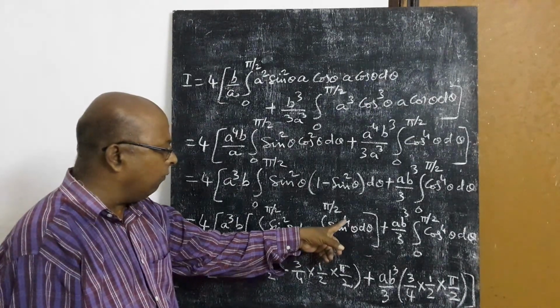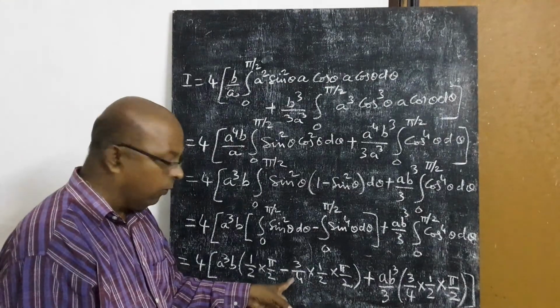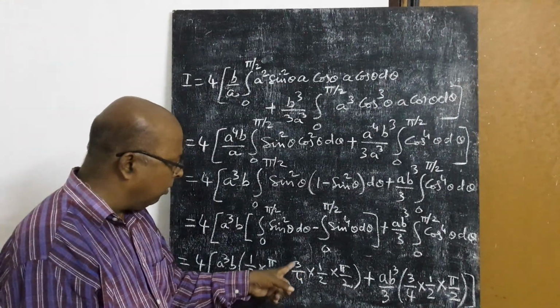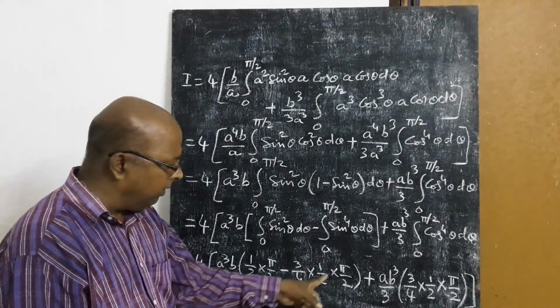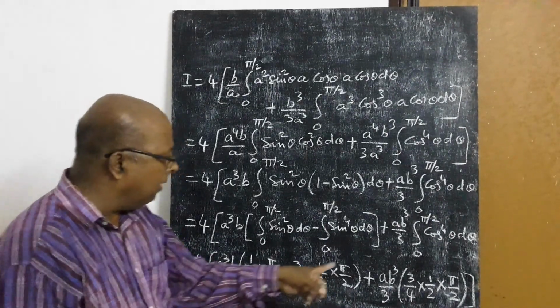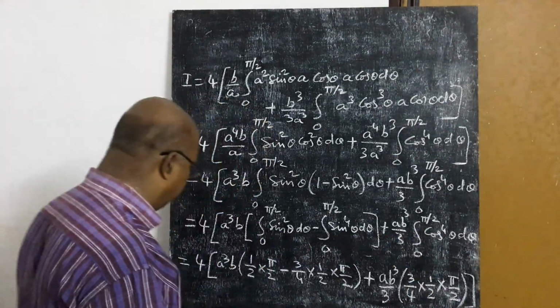Here n minus 1, 4 minus 1, 3 by 4, n minus 1 by n. So 3 by 4 into decreasing by 2 we get 1 by 2, and ending with 1 by 2 means into pi by 2. So ab cube by 3 into 3 by 4 into 1 by 2 into pi by 2.